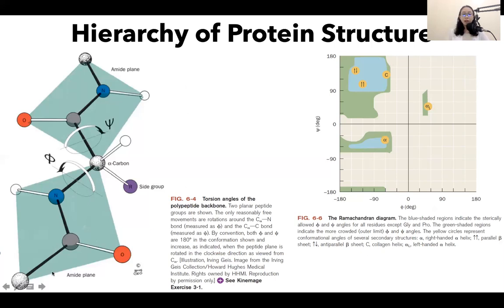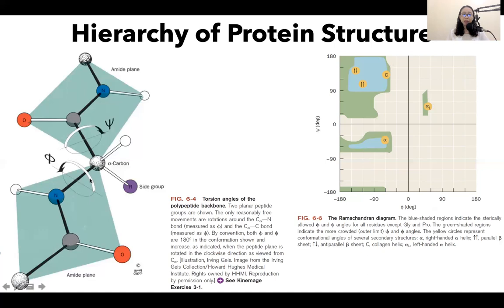In particular, you are looking at the alpha carbon of one amino acid residue, followed by the carbonyl carbon, and then the nitrogen of the amino group, followed by the alpha carbon of the next amino acid residue.